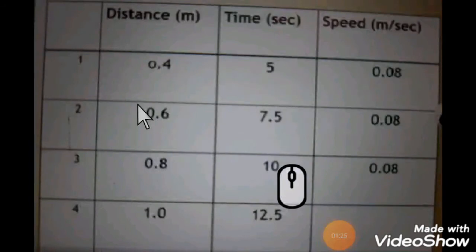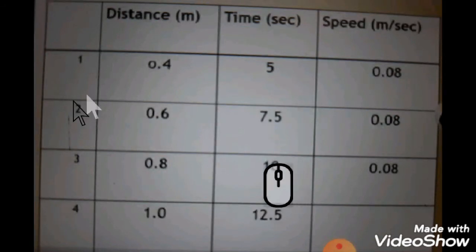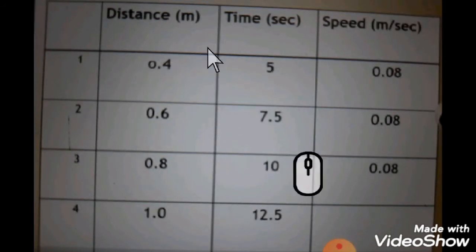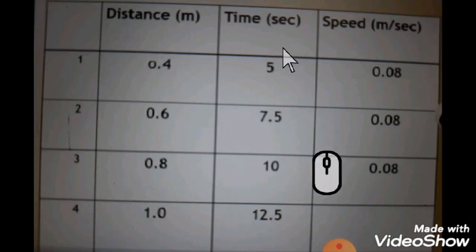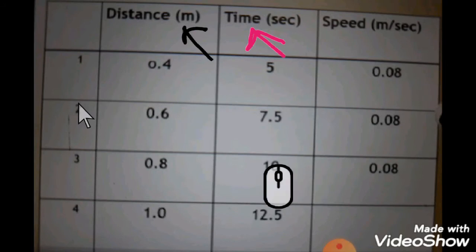How can we confirm that this kind of speed is regular or constant speed? Through this table, you will find multiple cases, and in each case you have the data, you have the distance and the time.